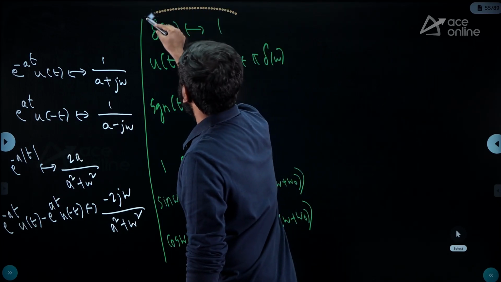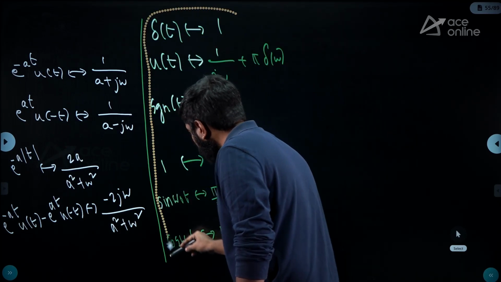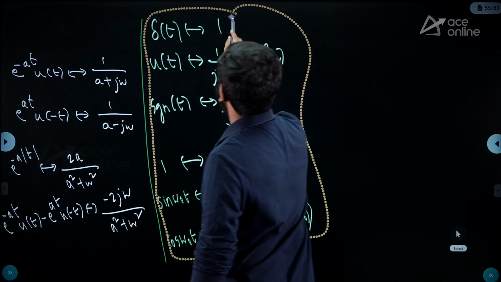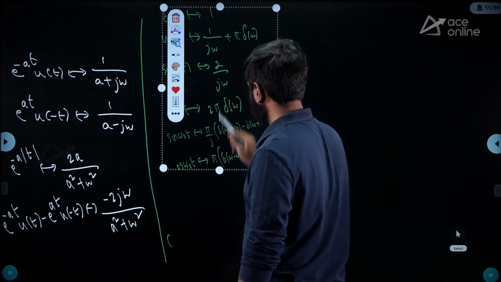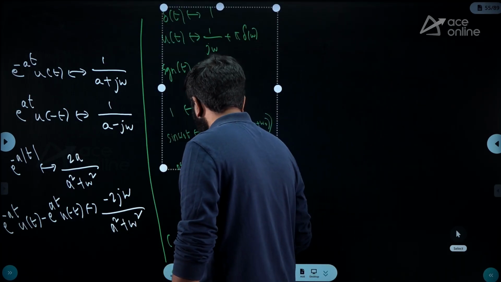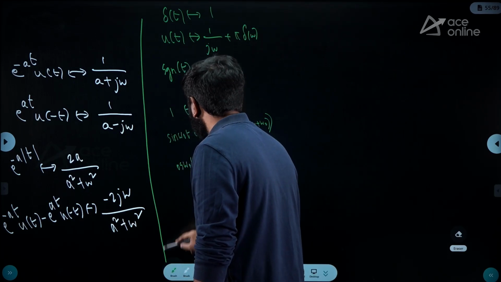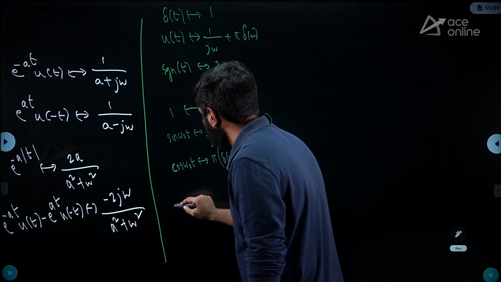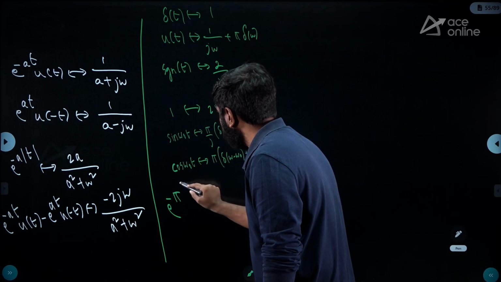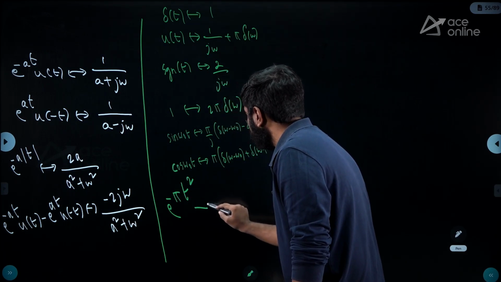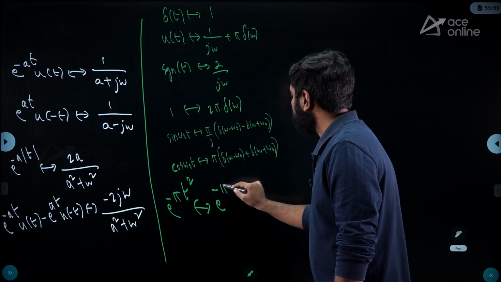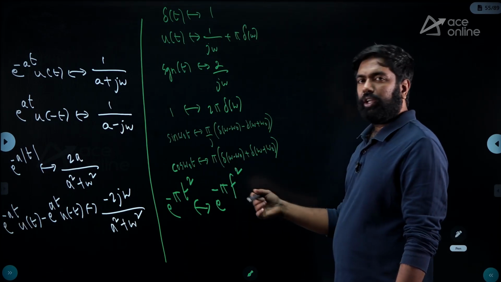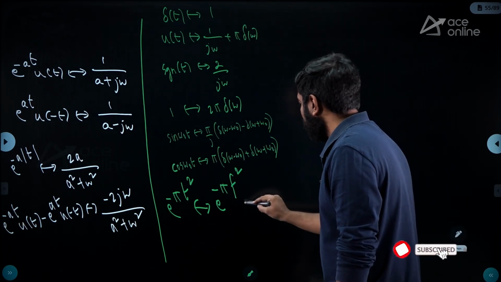There is a Gaussian pulse. Hope you remember it. The Fourier transform of a Gaussian pulse is again a Gaussian pulse. Let us include that here. The Gaussian pulse will look like this, e power minus pi t square, where in the classrooms we teach the Fourier transform as e power minus pi f square, but if you can get it in omega, it would be useful.